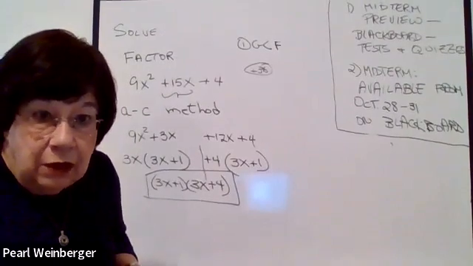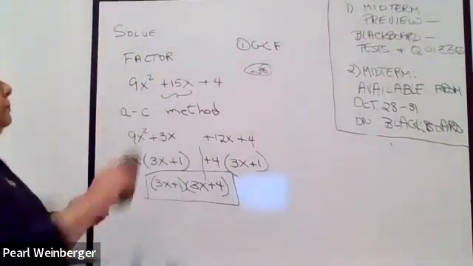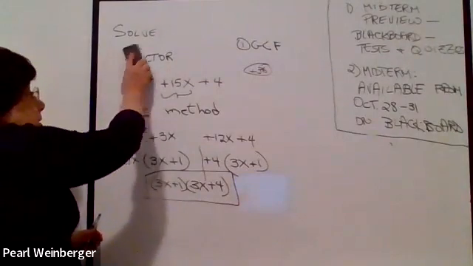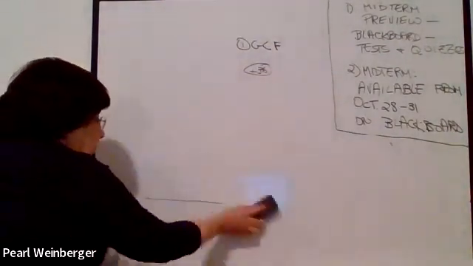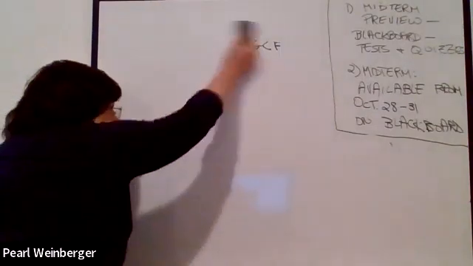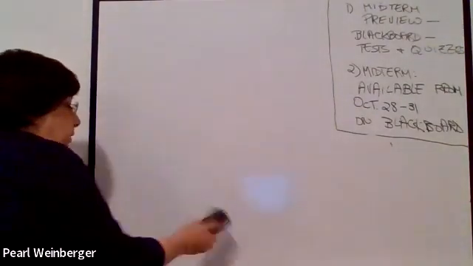Okay, so let's try this together. Remember, this is just factoring. We're going to use it in solving quadratic equations in a few minutes, but first let's just do factoring.